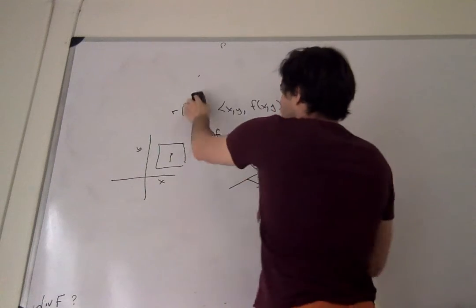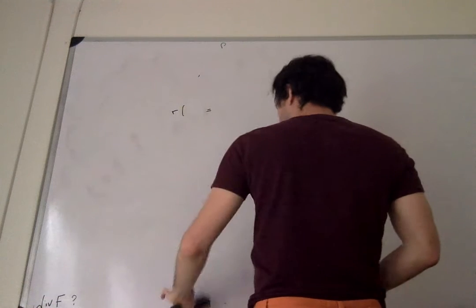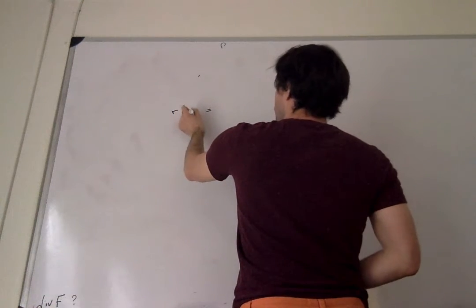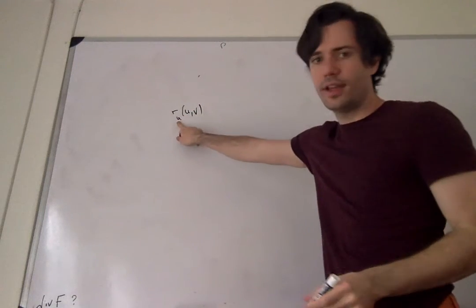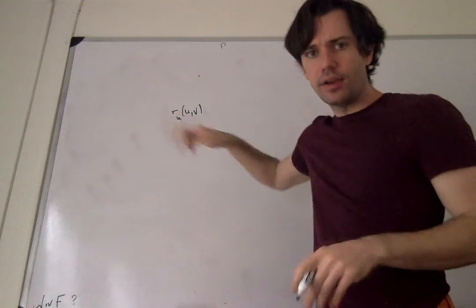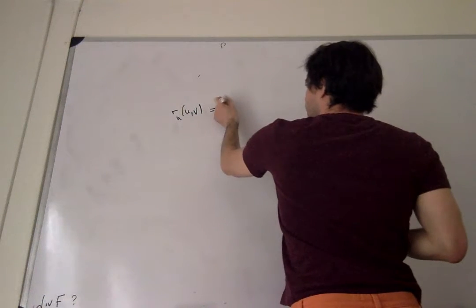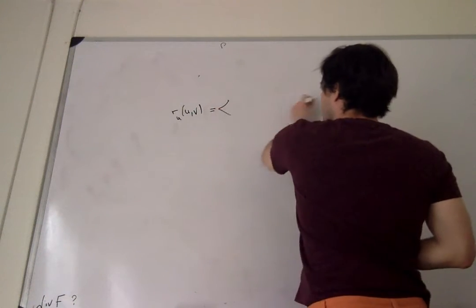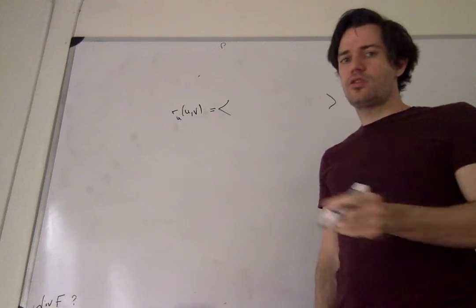Okay, well, the point is this. When I do my derivative with respect to u, where u and v are the parameters, that little subscript means I'm taking the derivative with respect to u, then again, I simply differentiate each coordinate with respect to u.